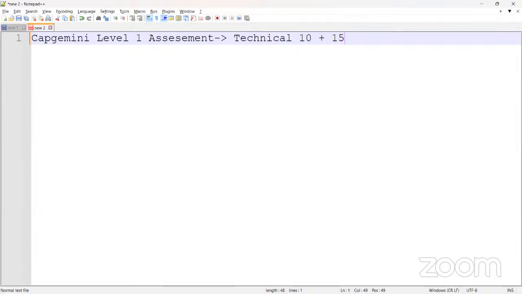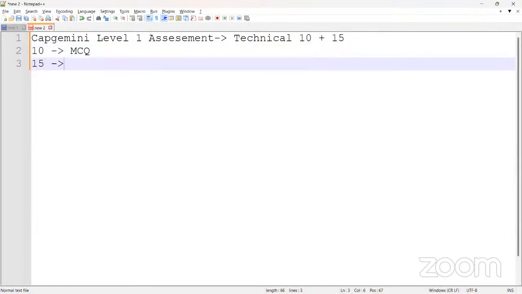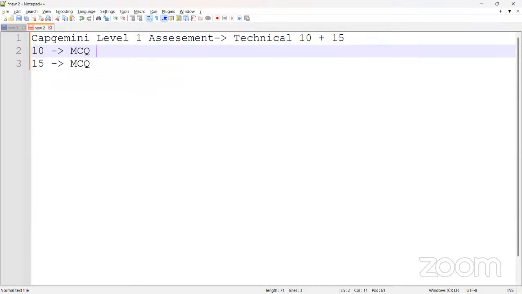What is this 10 exactly and what is this 15 exactly? The 10 are MCQs, and on what topic they come, we will talk about later. And this 15 are also MCQs. The first 10 MCQs come from the data structure concept. What kind of questions might get asked, we will discuss in the call.